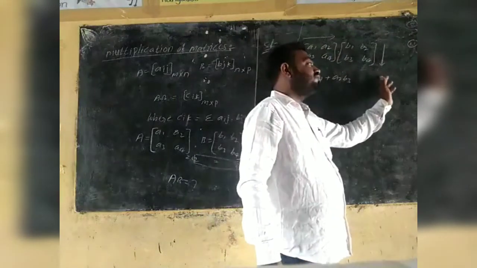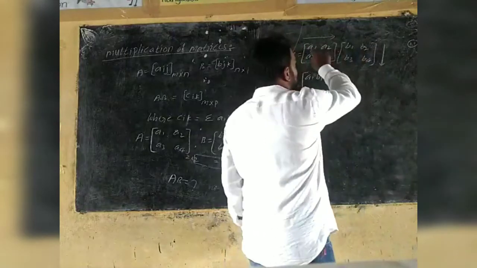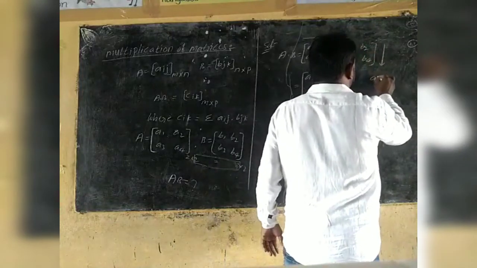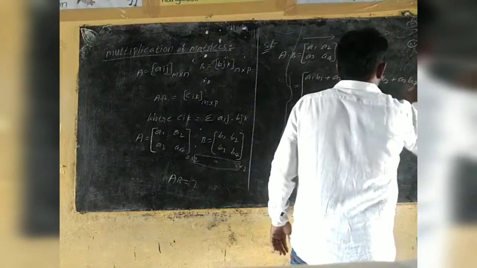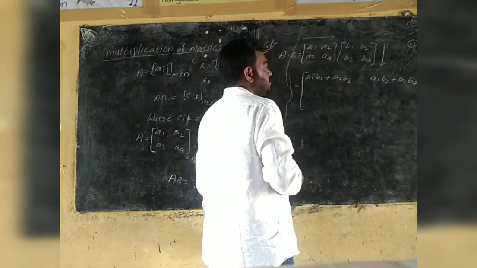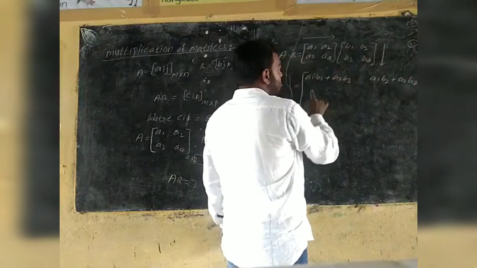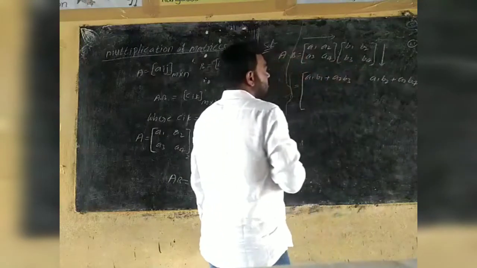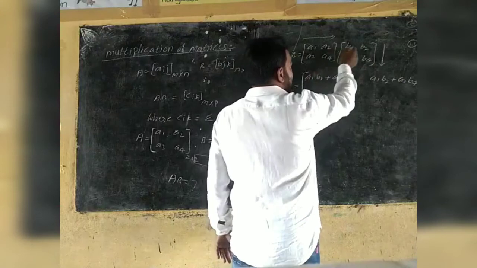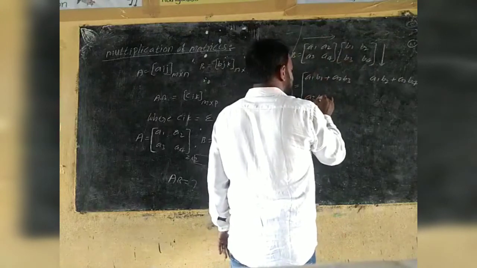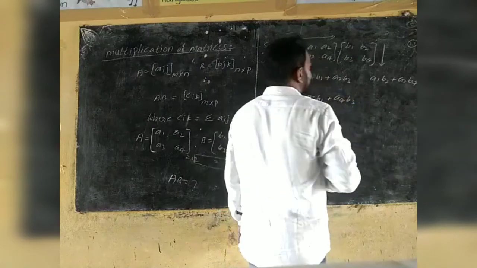Next, the second position: first row, second column. First row A1 into B2 plus A2 into B4. Now second row, first column: you take the product and sum, A3 into B1 plus A4 into B3.